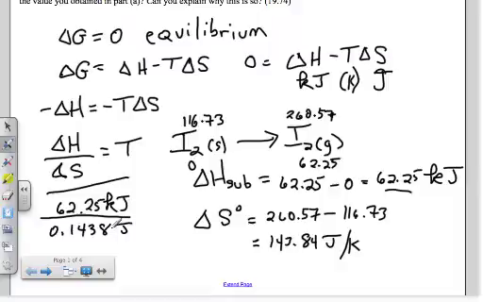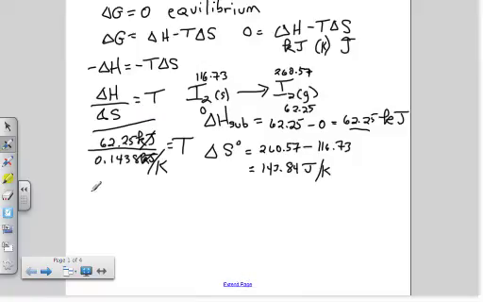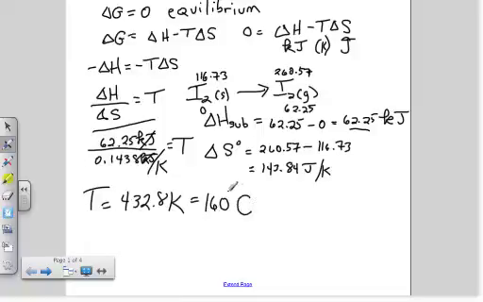So the kilojoules cancel out, and I end up with a Kelvin temperature, and that Kelvin temperature is 432.8 K, which is 160 C. So we are saying that the sublimation temperature at which this equilibrium occurs is 160 degrees Celsius.